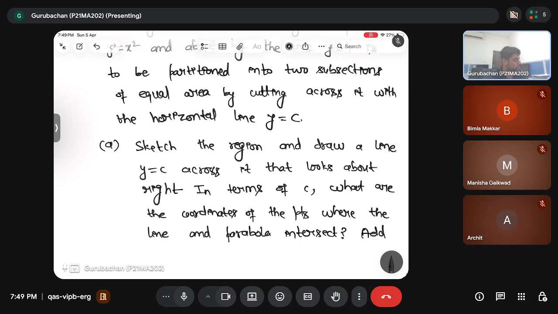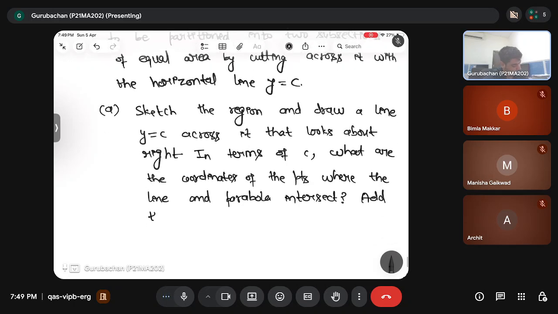Add them to your figure. This is the first one.